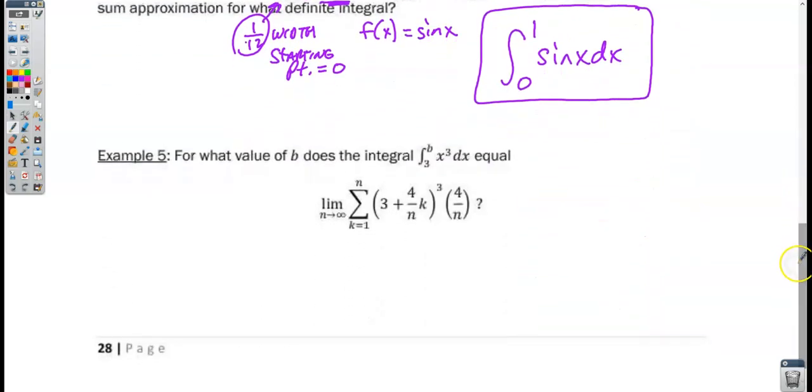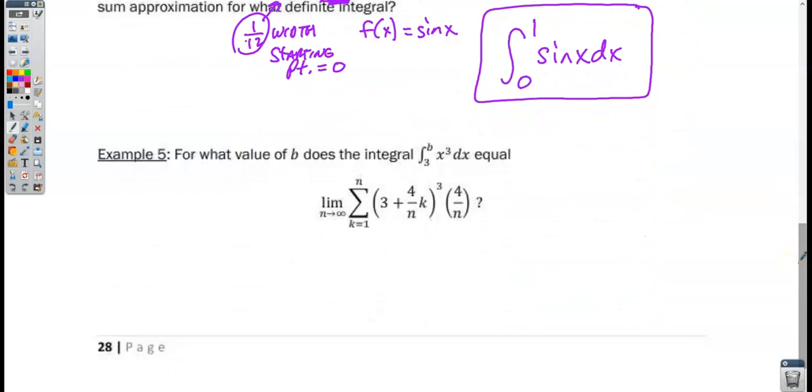And one last question. For what value of b does the integral from 3 to b of x cubed dx equal this expression? Okay, now notice again, this is the width of a rectangle. And if 4 over n is the width of the rectangle, that means that the width of the interval should be 4.